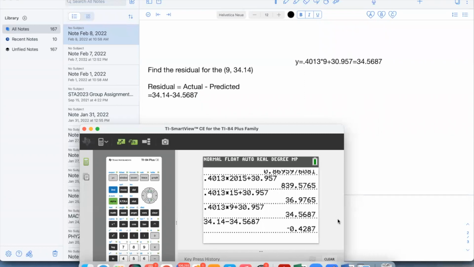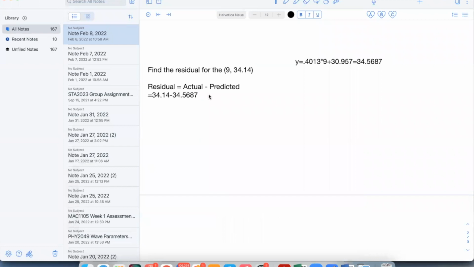I have a negative residual, negative 0.4287. That means that the actual was above the model. The model was too low.